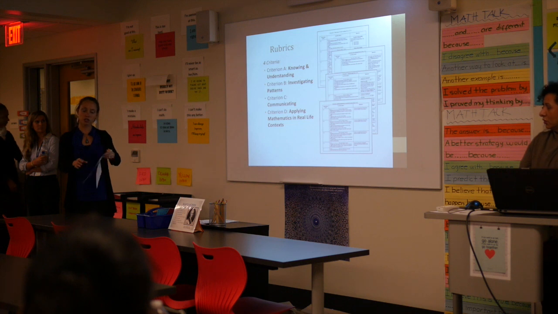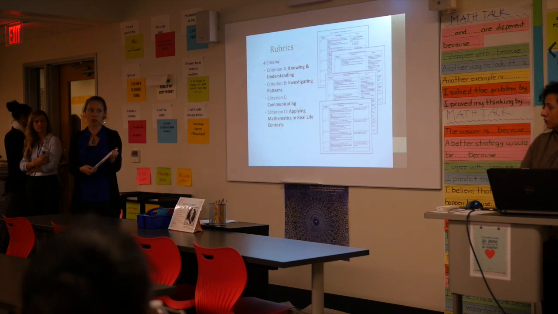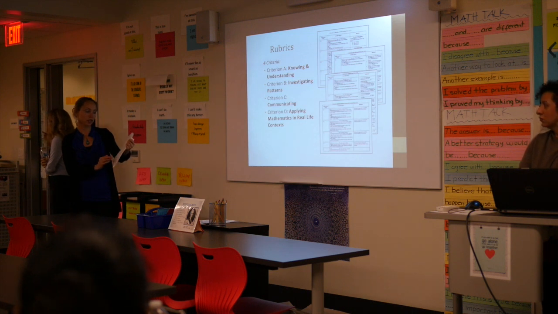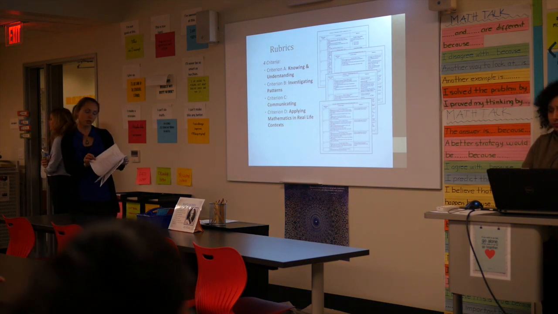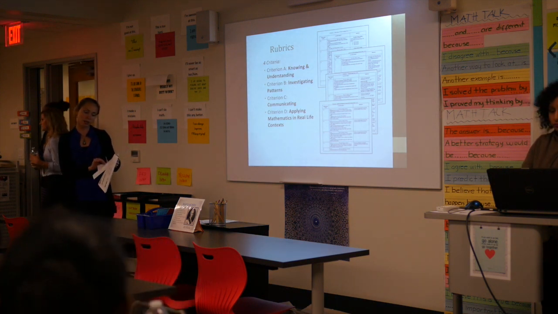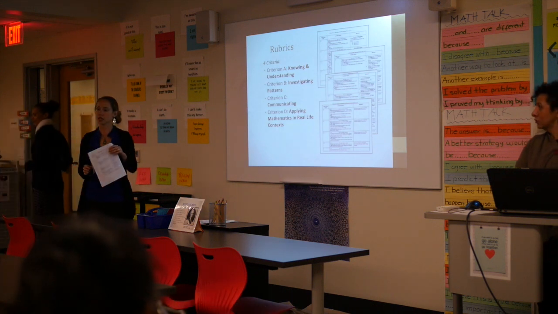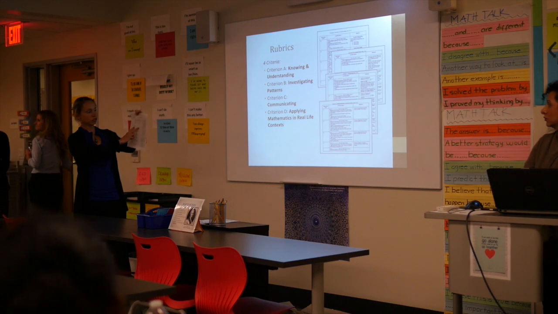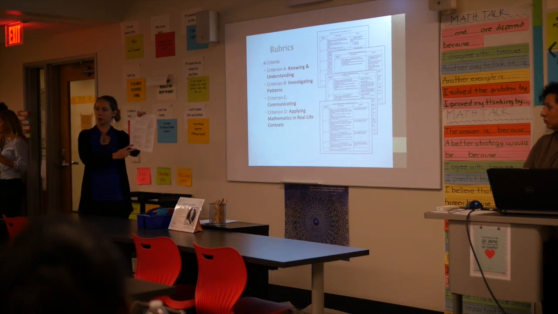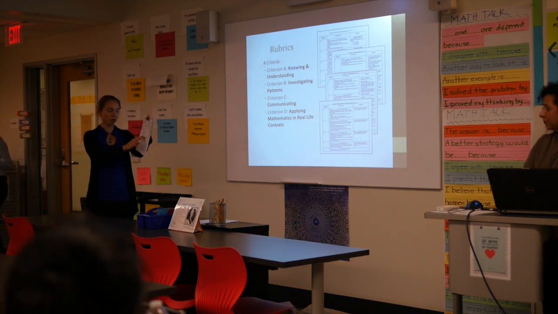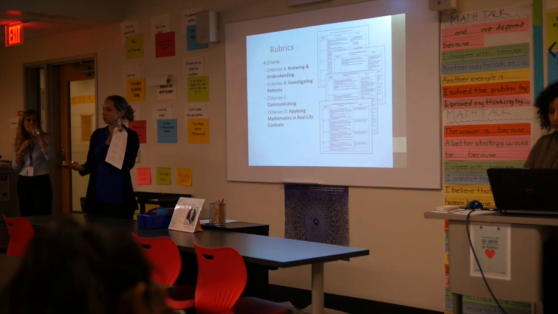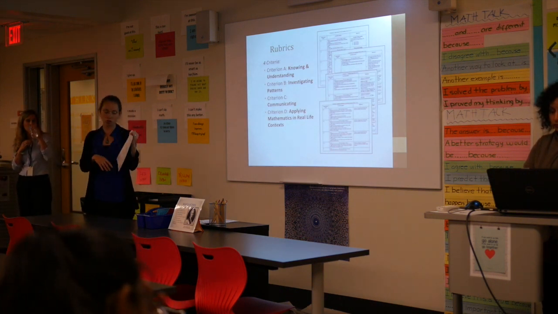You can turn and you'll see examples of all 4 criteria. Criterion B, investigating patterns. Criterion C, communicating. And criterion D, applying mathematics in real life contexts. So we use the language level descriptors directly from IB of what these levels mean, and then the indicators are things that we add on specific to the task that the students are doing.